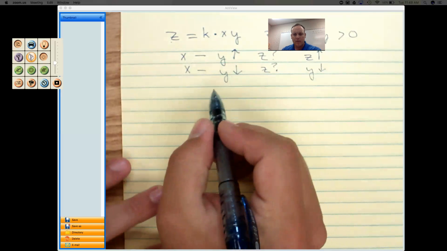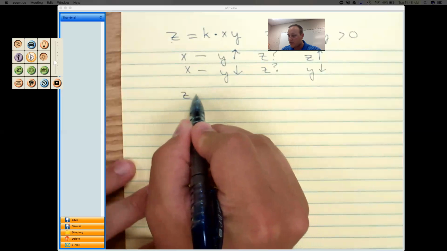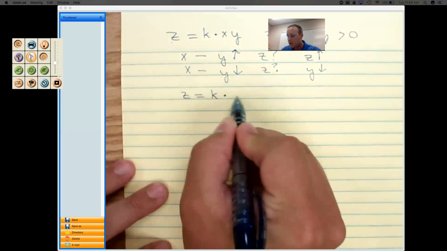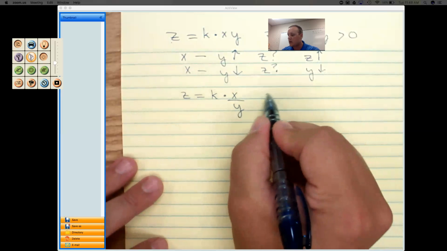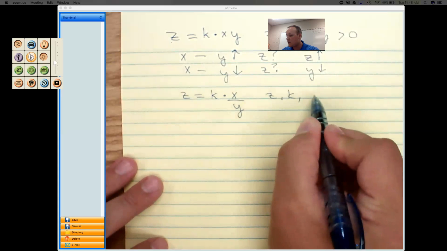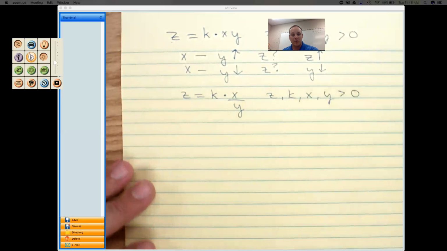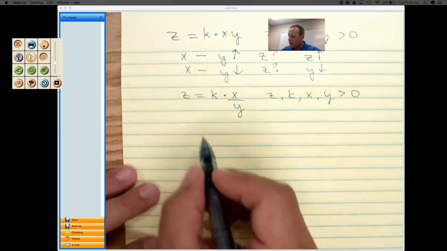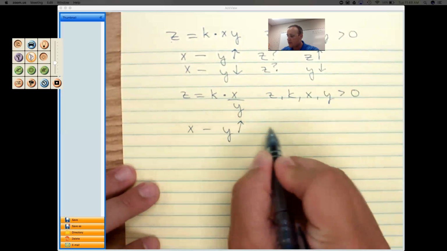All right, so now let's say we have this inverse relation or partially inverse relation. And once again, they're all positive, just so we simplify that thinking a little bit. All right, so x is held constant and y increases. What happens to z? Go.